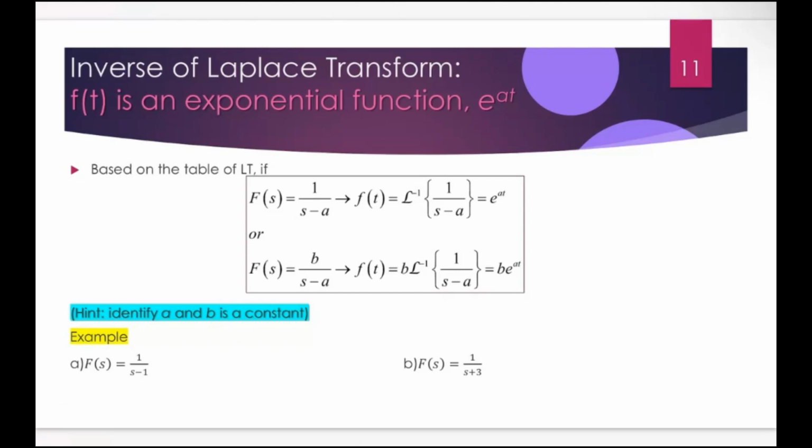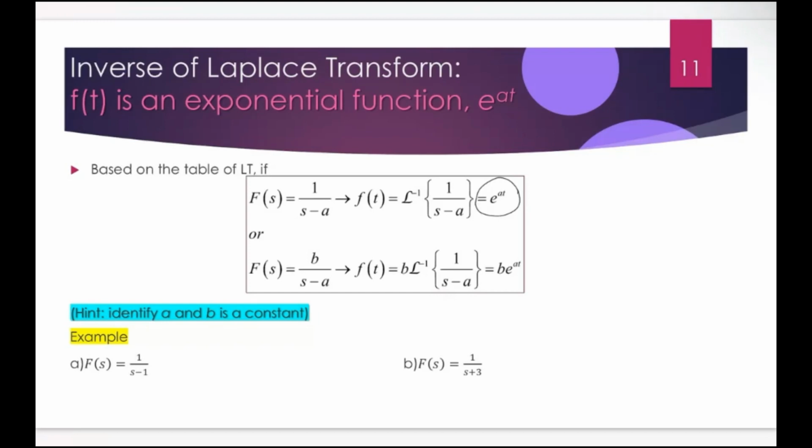Okay, let's say we have a function F(s) equal to 1 over s minus a. So if you look back in the table, 1 over s minus a is actually e^(at). So if we find the inverse Laplace of 1 over s minus a, you will get e^(at).